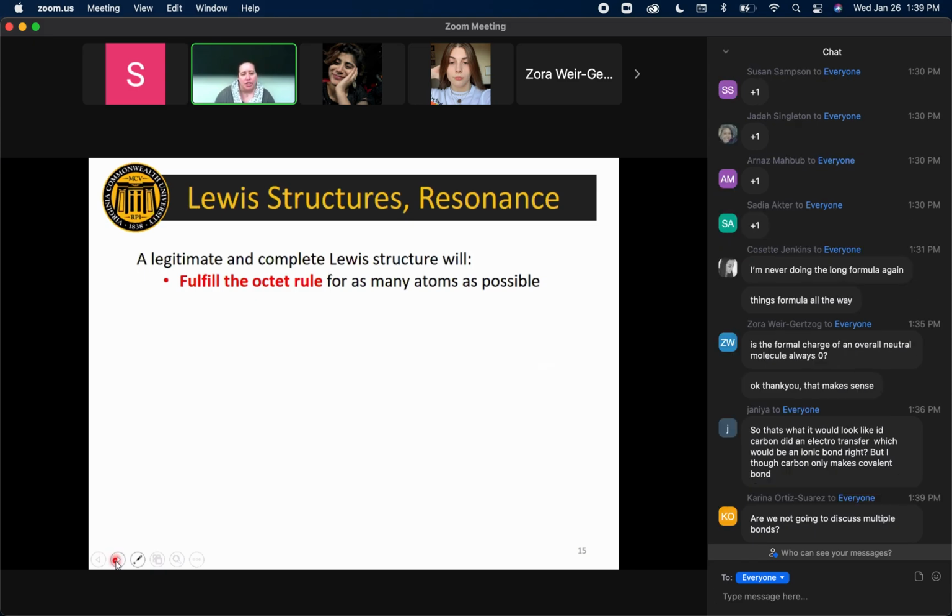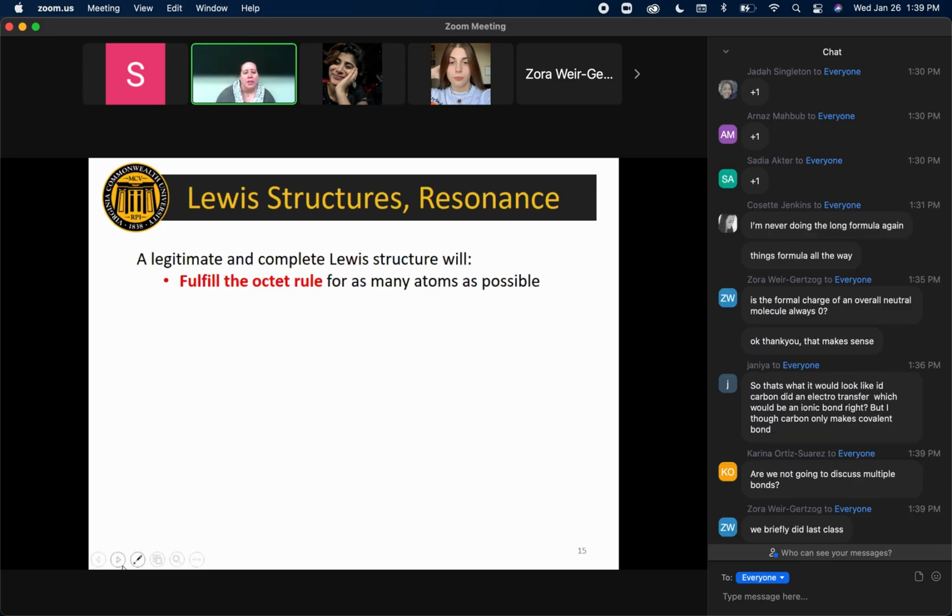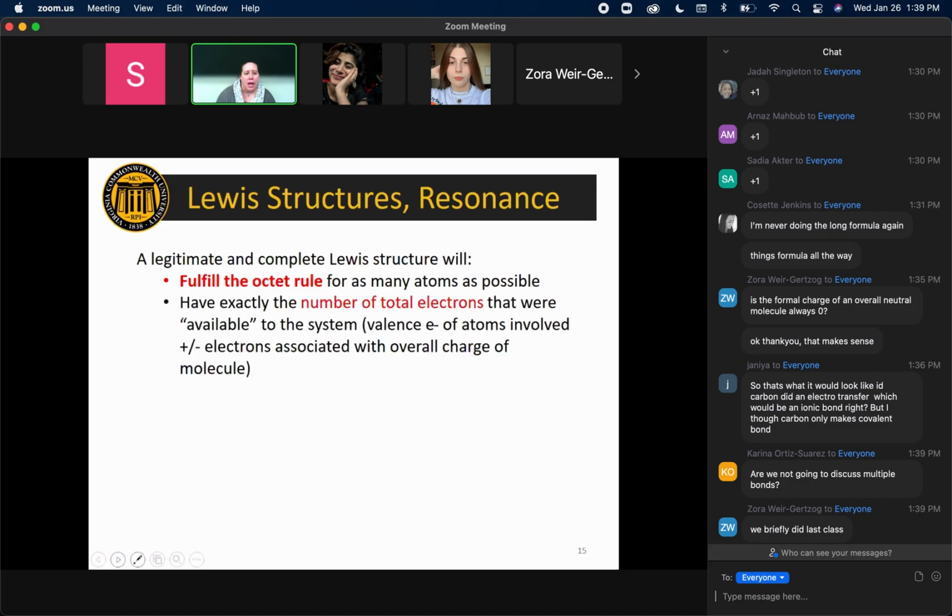In order to have a legitimate and complete Lewis structure, we need to try to fulfill the octet rule for as many atoms as possible. And you need to make sure that you have the total number of electrons that were available to the system.